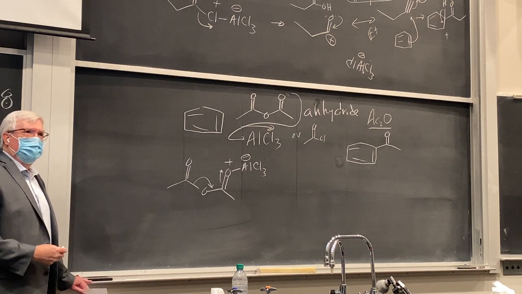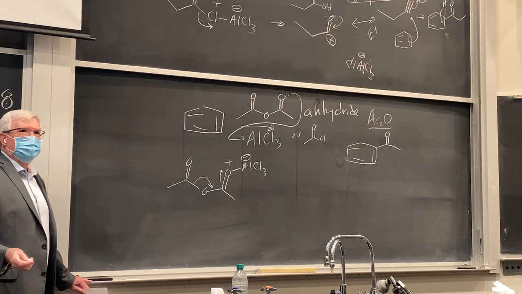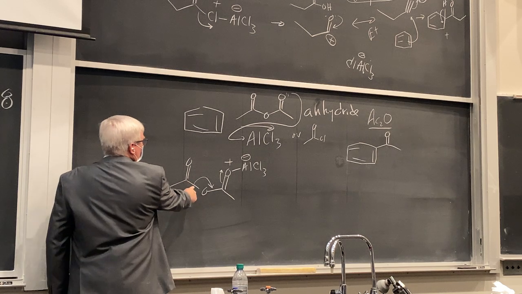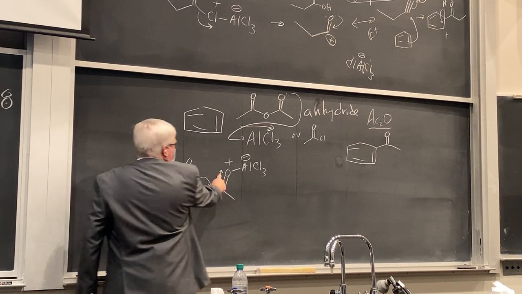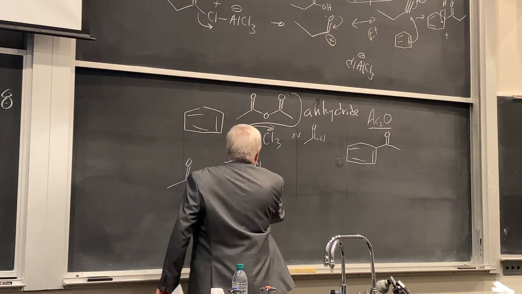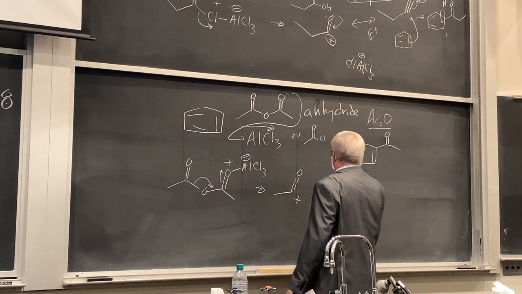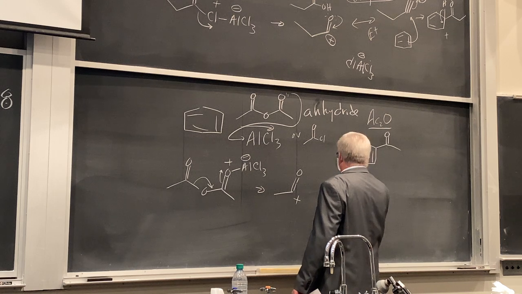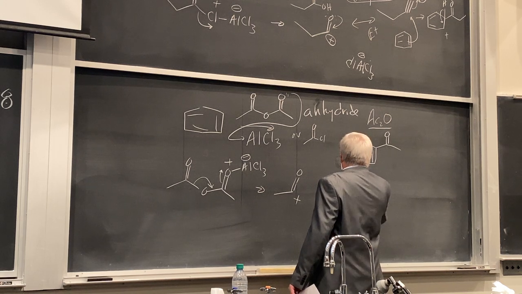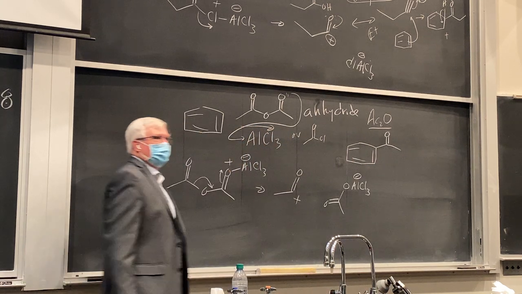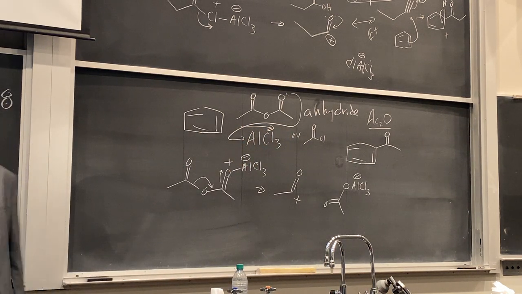We waste part of it. Part of it becomes acetic acid at the end. I'll show you that. So what's the result of this? We're breaking this bond, pushing electrons up to make that neutral. You see we'll have acylium ion, and we'll have the aluminum acetate stuck on there. Okay.